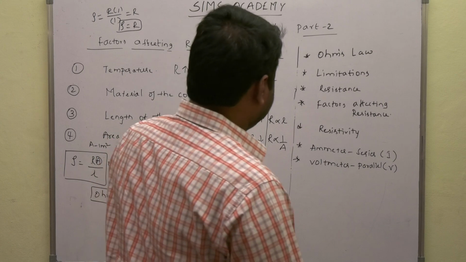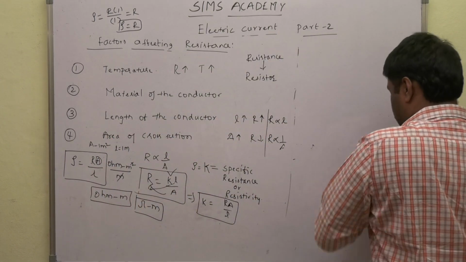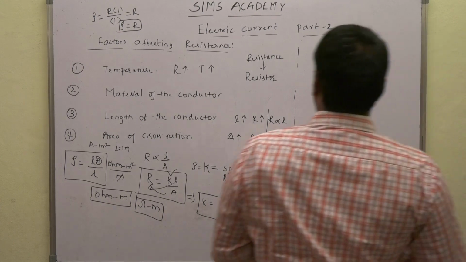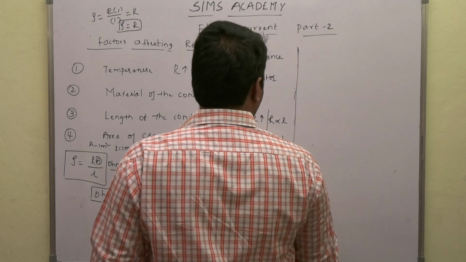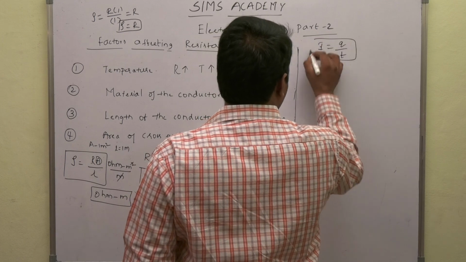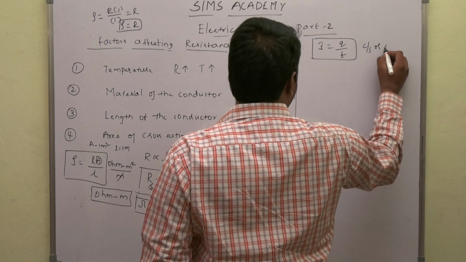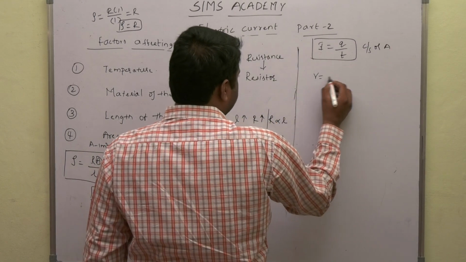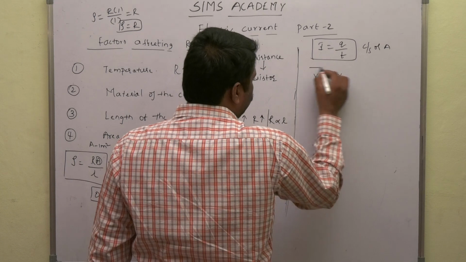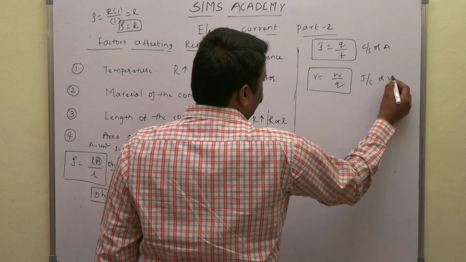Let us write all the formulae we have got once, so that we don't forget. Till now, the first one is electric current I equals Q by T, units coulomb per second or amperes, and electric potential difference W by Q, joule per coulomb or volts.